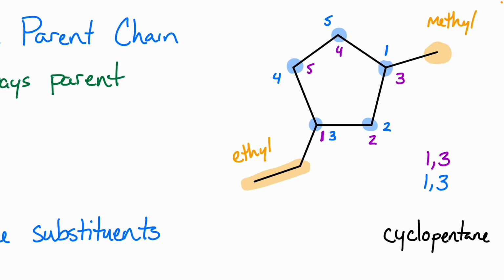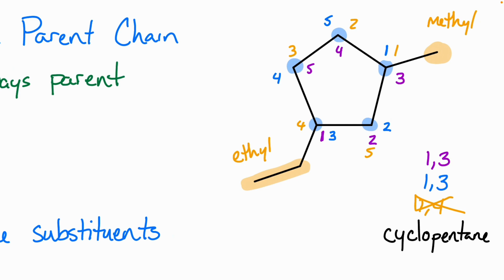If I go counterclockwise, I got a 1 and a 4. So it's not going to be my orange one. I started at the methyl group, went clockwise and counterclockwise, and I'm comparing those two. My counterclockwise, which I did in orange, gives me 1 and 4. That's definitely not going to be the winner here.